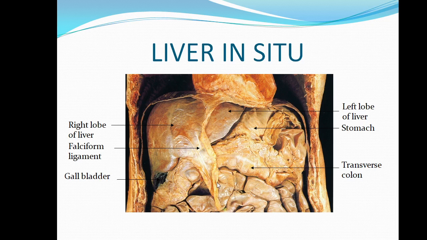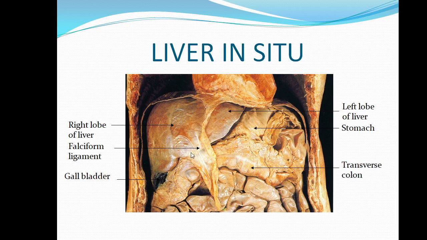We put the palm of the hand on the anterior abdominal wall in such a way that the tips of the fingers are directed upwards and to the right, and we ask the patient to take a deep breath.